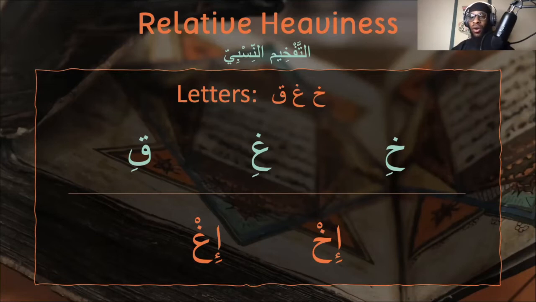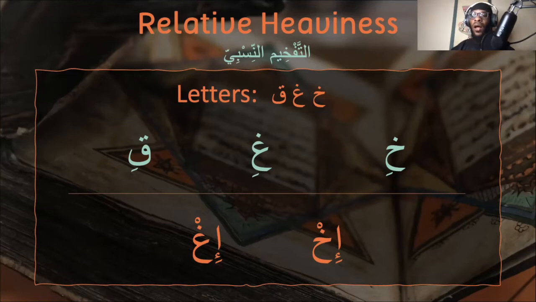So it's kha, khi, khu, not kha, hui, khu. That's wrong. Kha, khi, khu. Gha, ghi, ghu, instead of gha, ghui, ghu. That's wrong. Gha, ghi, ghu.